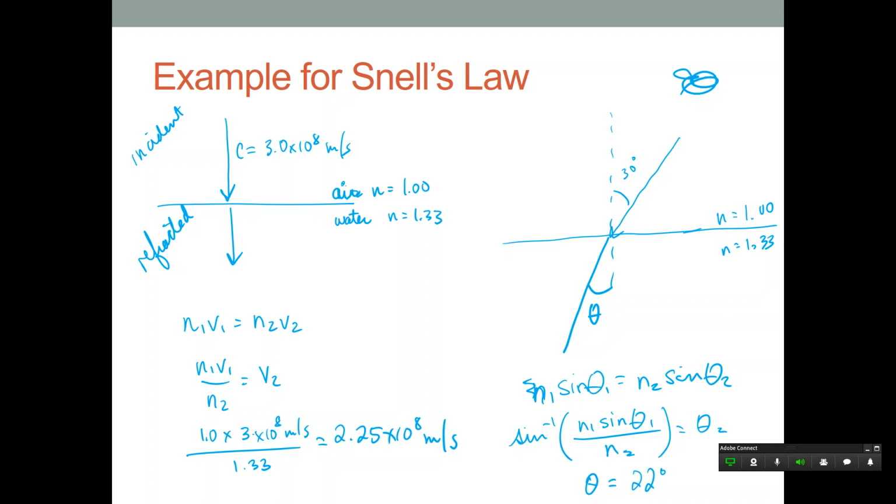Let's say I had a light source here. Oh, first of all, the light source shines in all directions, right?